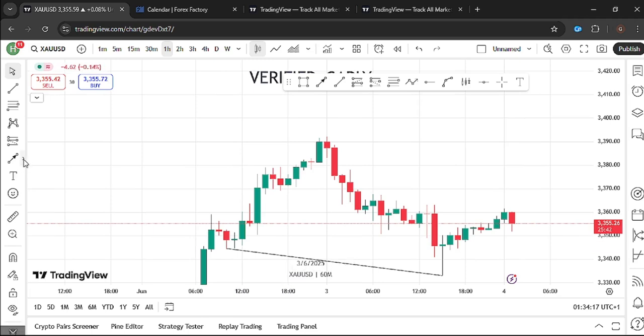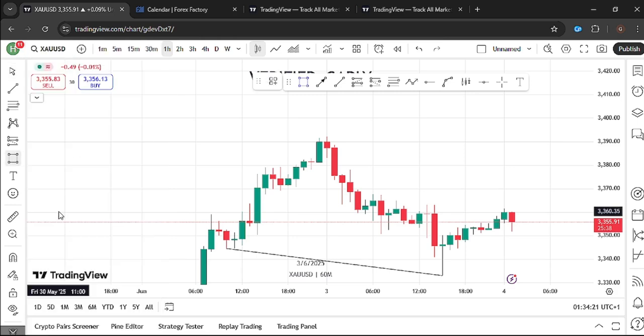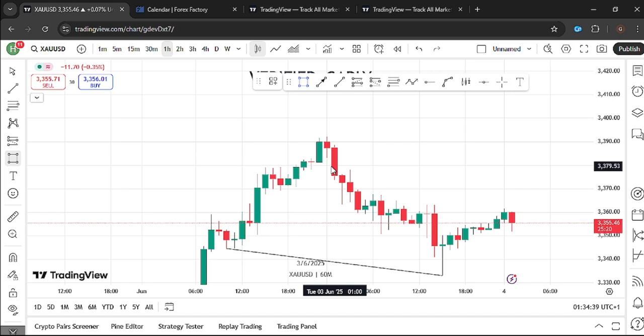Then shapes, below it you see a rectangle. Rectangle has its own usage. You can use it to mark out supply, demand, etc. They all have their uses, because I'll be using them mostly. Look, you don't need to know everything now, but over time this chart will become your battlefield and your peace zone too.